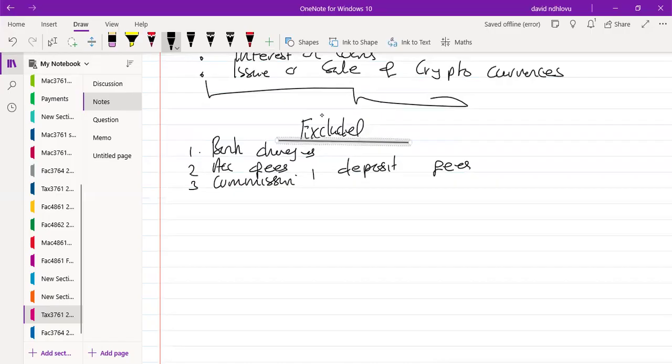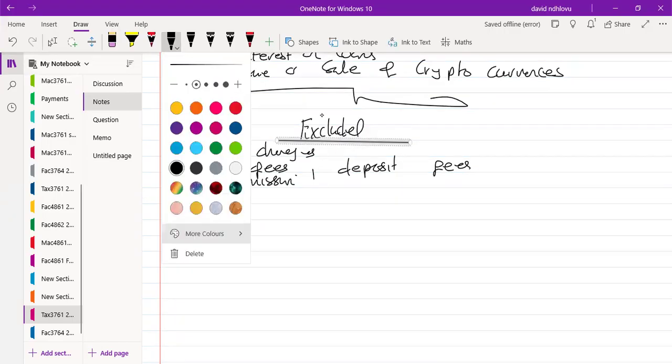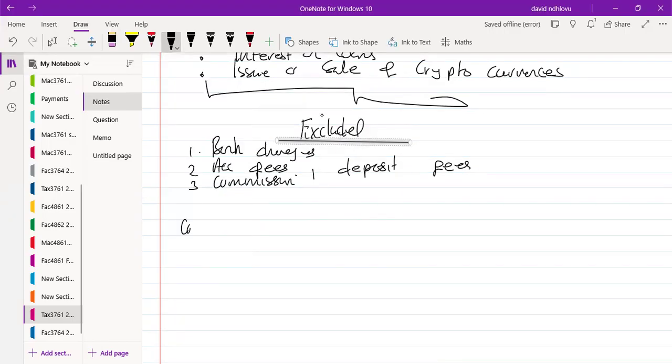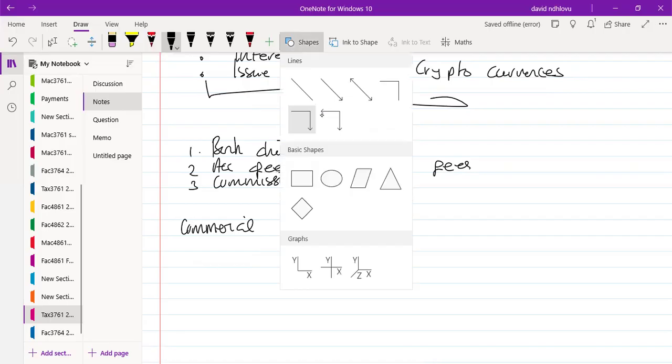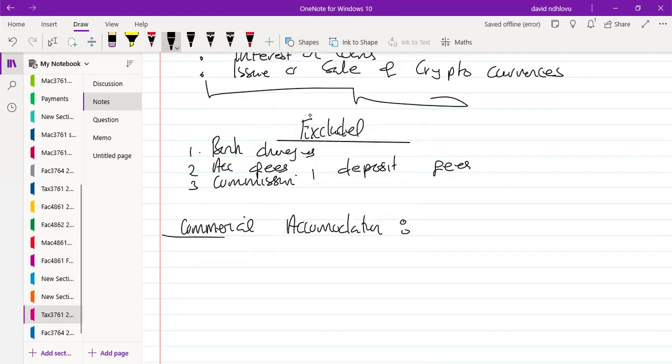Right, we also have commercial accommodation. There's something important that we need to clear here. Remember, commercial accommodation is different from residential accommodation.